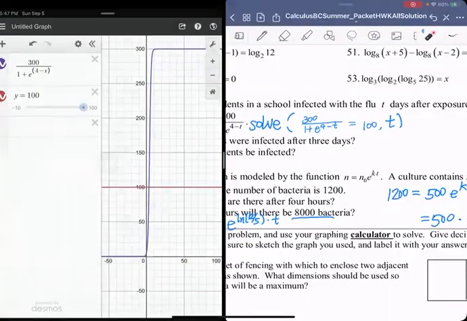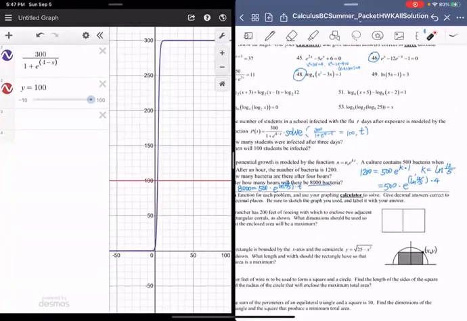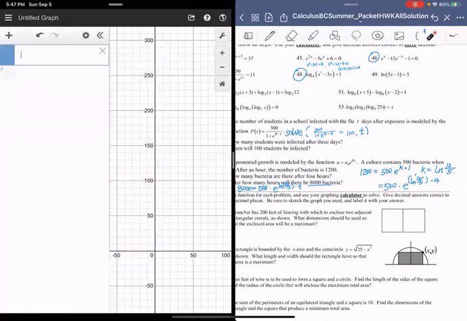Okay. So basically, we put this in the calculator, correct? Okay. So let's just verify here.